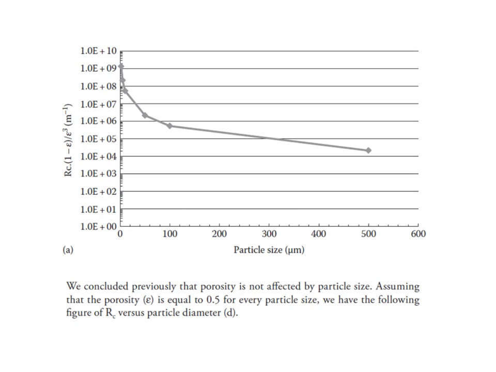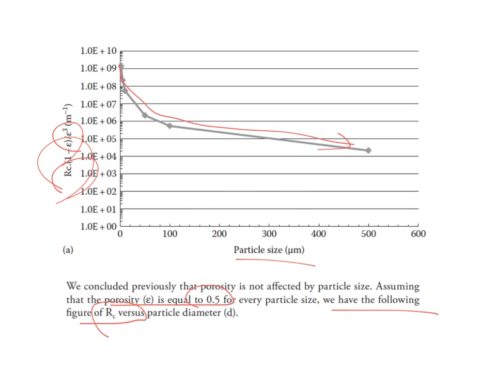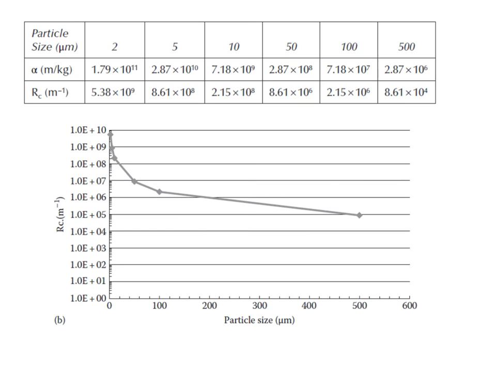If we have the product of cake layer and resistance, and we increase the particle size, we actually have a decrease in this value. We already concluded previously that porosity is not affected by particle size. Assuming that this porosity is equal to 0.5, we have the following figure for our cake resistance versus particle size, which is this one.